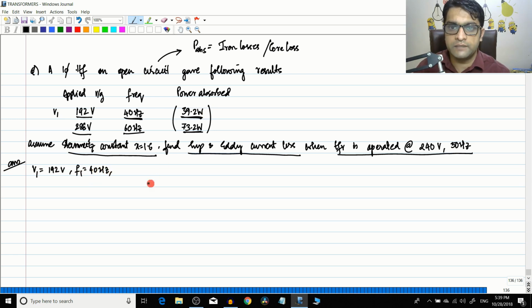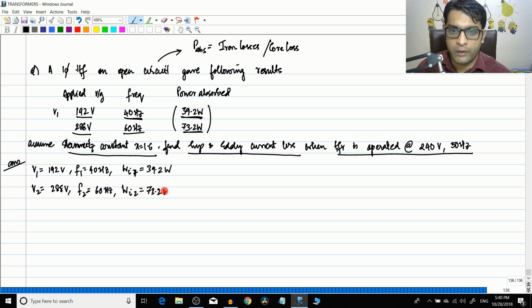At this point the total iron loss, now don't take this as hysteresis loss or eddy current loss separately, this is the total iron loss of the transformer, Wi1 will be equal to 39.2 watt. And V2 is equal to 288 volt, and the frequency F2 is equal to 60 hertz, and Wi2 is equal to 73.2 watts. So this is what they have given here.